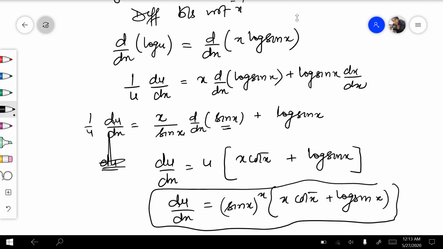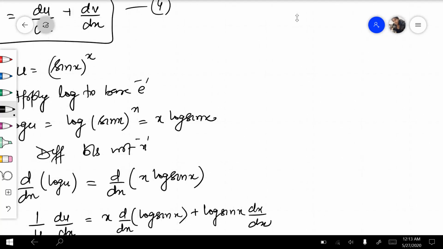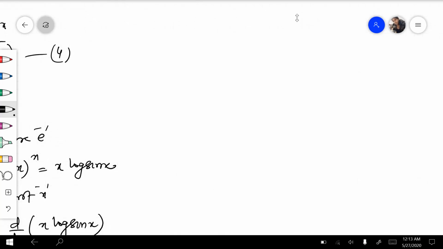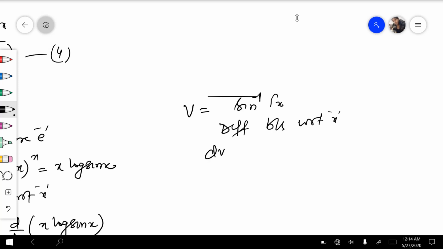अब इसी तरह से v को कंसीडर करेंगे. v was equal to sin inverse square root of x. Differentiate both sides with respect to x. So dv upon dx is equal to d by dx of sin inverse square root of x.